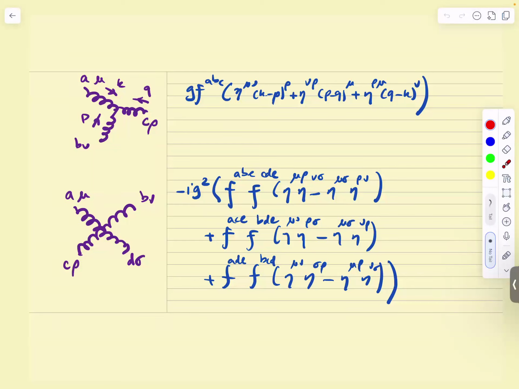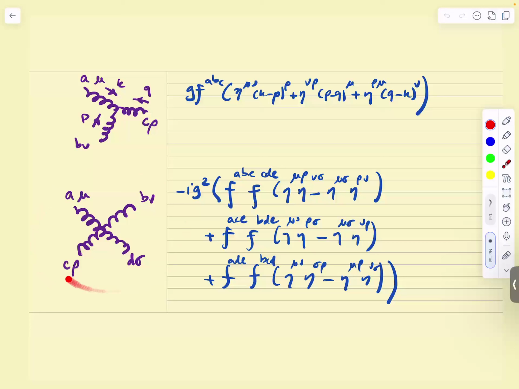It depends on k, p, and q. So label all of them to be inwards: k minus p, p minus q, and q minus k. And then the appropriate number of flat space metrics to contract the Lorentz indices.